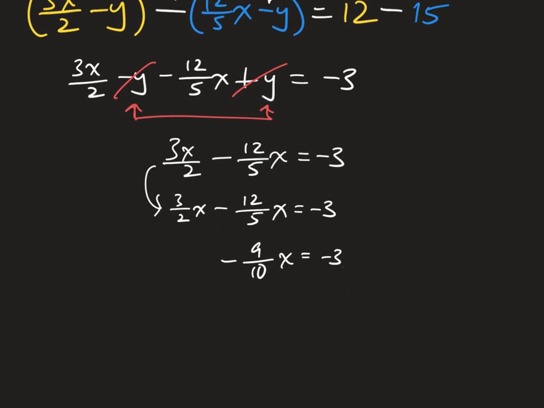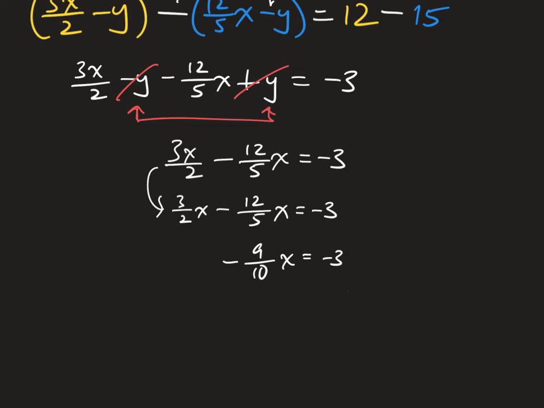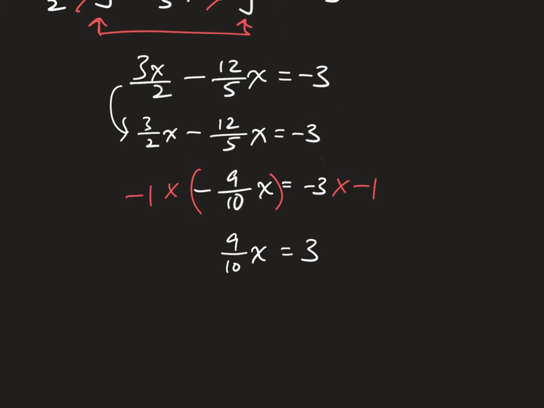And so both sides are negative. What we can do simply is multiply both sides by negative 1, right? Whatever we do on the left, we do on the right. There's no problem with that. We flip the sign for both sides, we get positive 9 over 10x equals positive 3. And then next, we multiply both sides by 10.